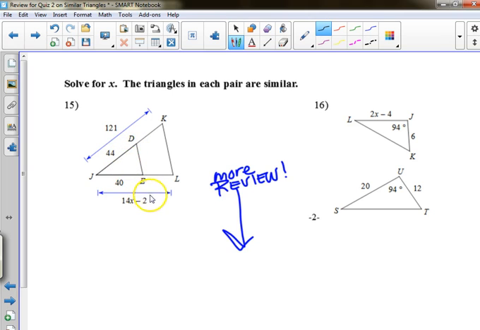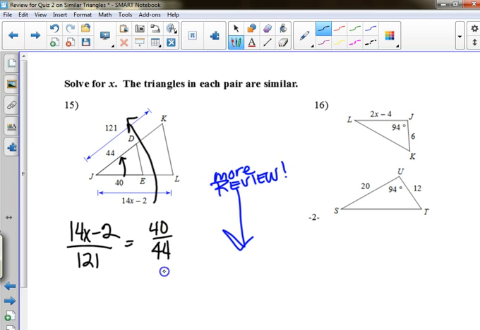If we want to find this big piece, we're going to say it's proportional to the big piece over here. So 14x minus 2 is to 121 as the little pieces in here, 40 is to 44. Those are some big numbers. I'm going to need my calculator quick here. 40 times 121 is 4840.